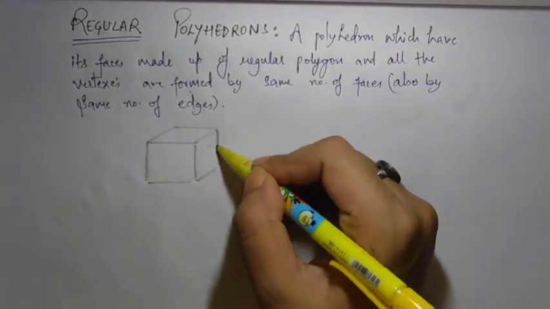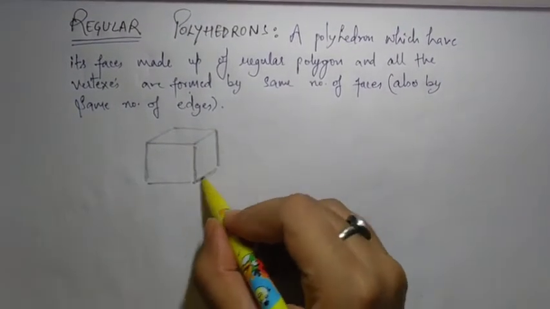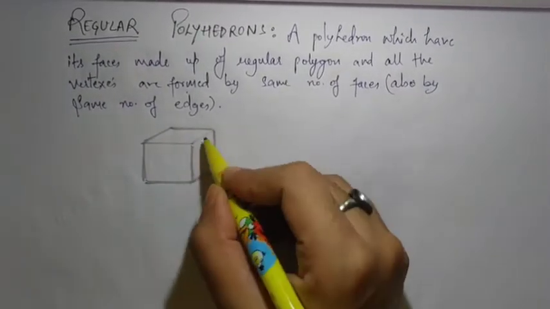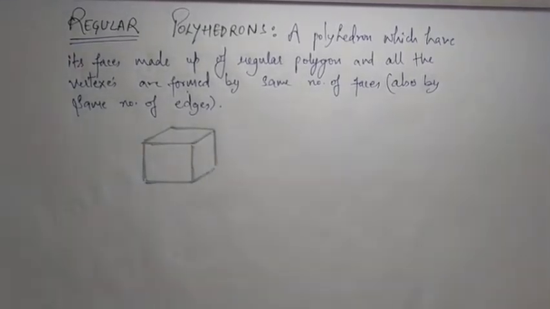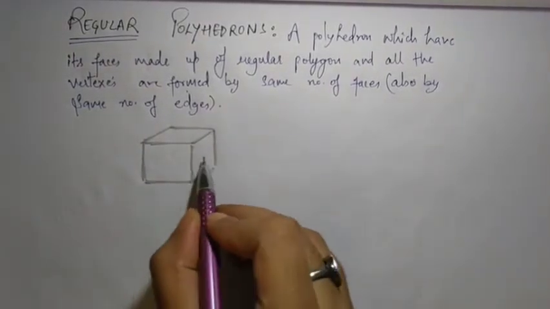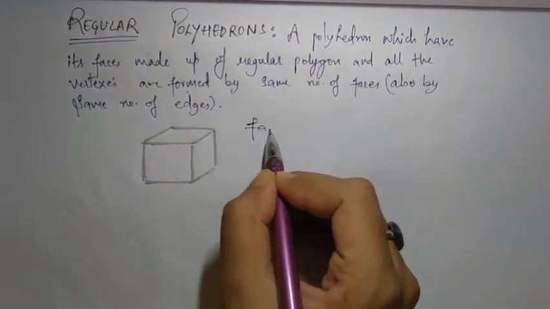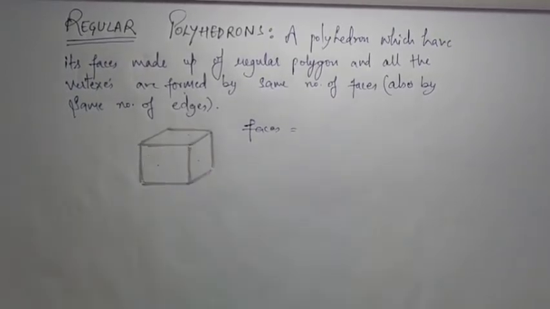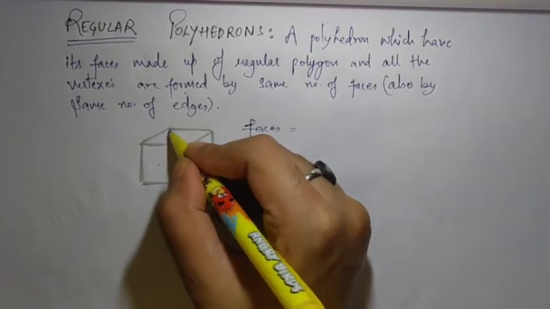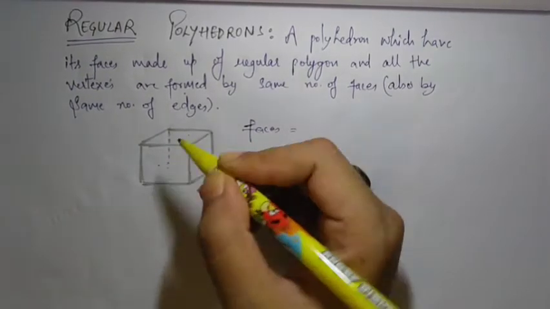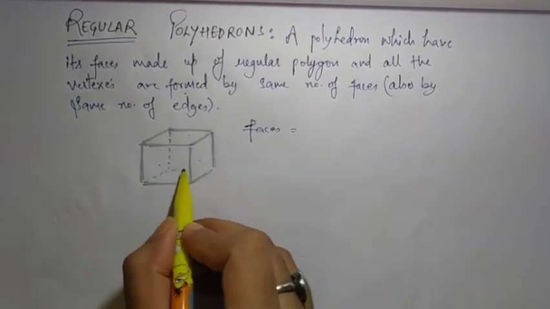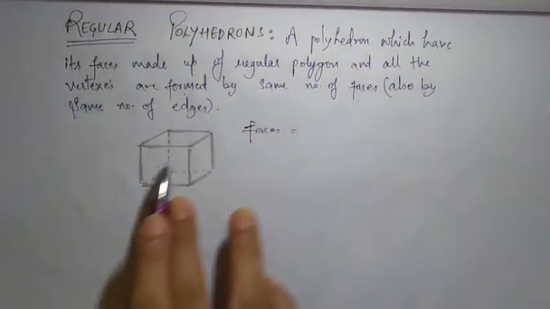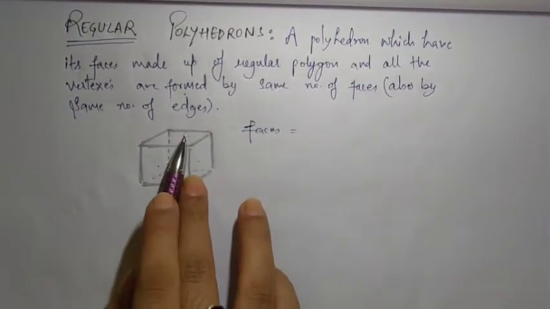Now first of all, let us look at the properties of a cube. How many faces does it have? Total number of faces that a cube has: 1 2 3 4, like this face, this, that and this side, 4 side faces, top and bottom.